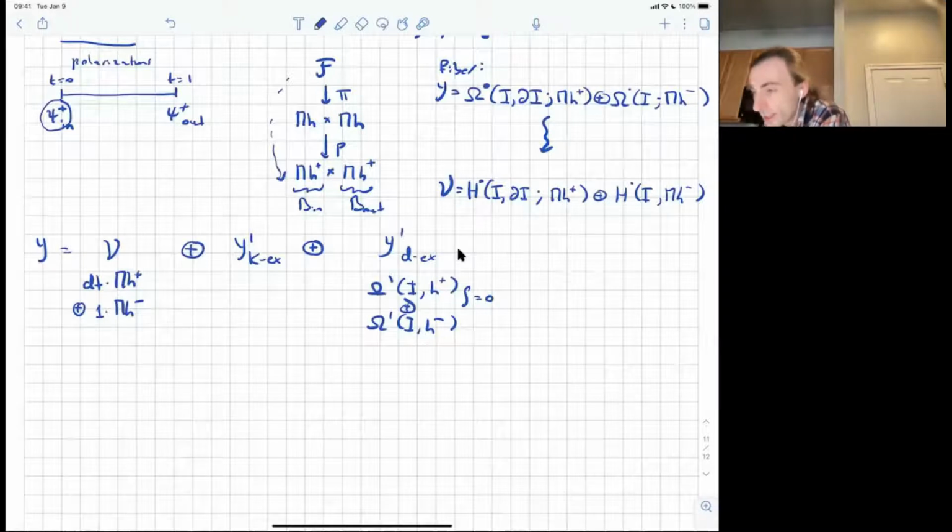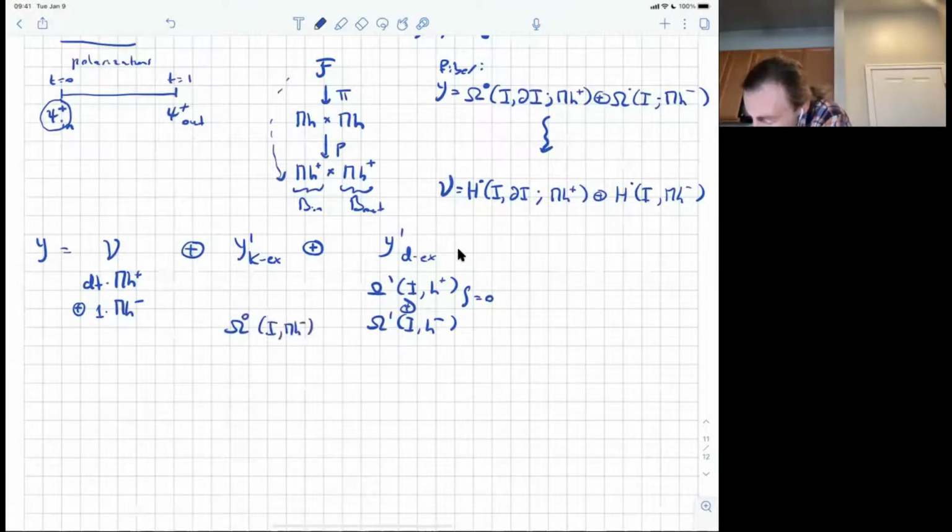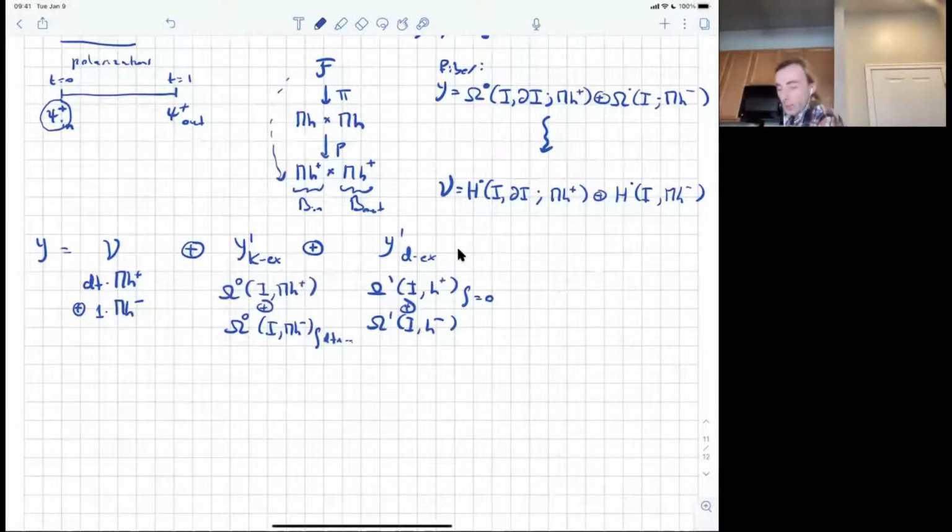Now, the K exact part will be everything else, the 0 forms. So the 0 forms with coefficients in pH minus with vanishing integral against dt, and that just comes from the symplectic orthogonality condition, and 0 forms on the interval with coefficients in pH plus. All right.